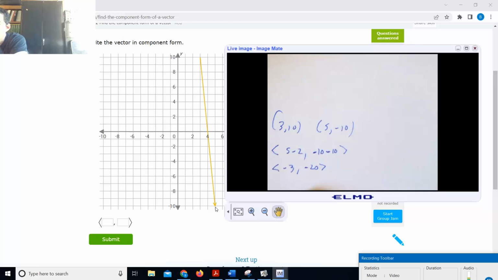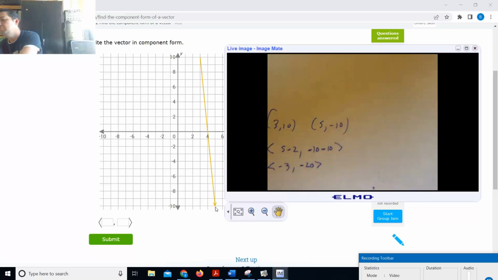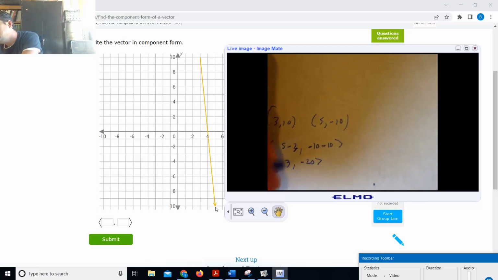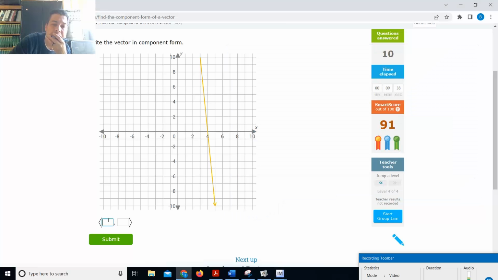So what this is saying is fall 20 and run 3. That's all it's saying. Fall 20, run 3, which is what it did. If I would write numbers in correctly, that was 5 minus 3, right? Fall 20, run 2. Almost missed an easy problem.